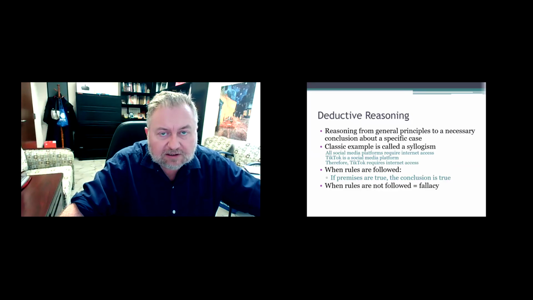The syllogism usually has the form of saying all men are mortal. That's a general statement. Socrates is a man, therefore Socrates is mortal. So we go from that general premise, all men are mortal, down to a specific conclusion about a specific person here. And that's called a syllogism, right?